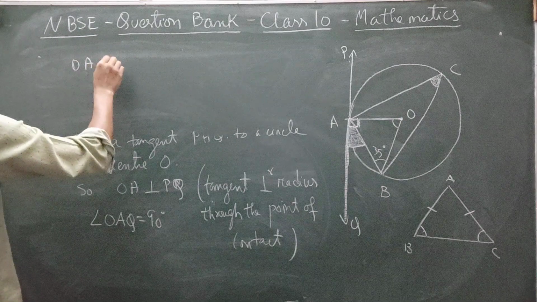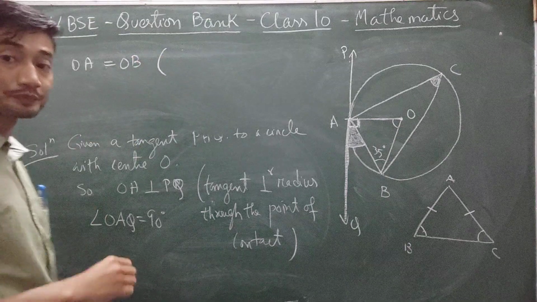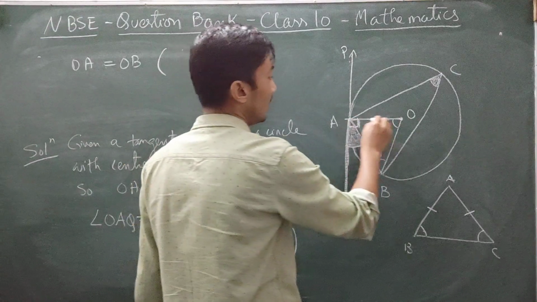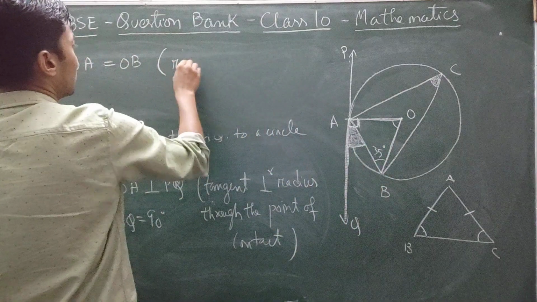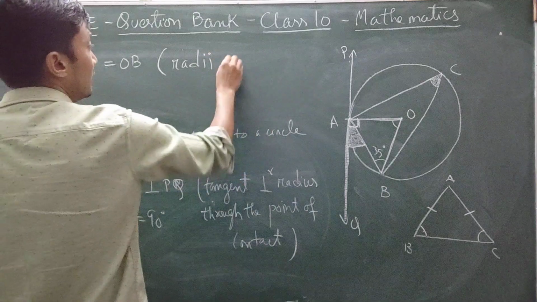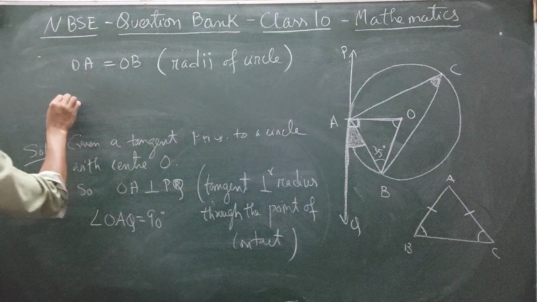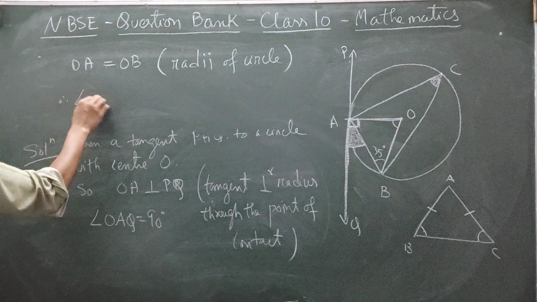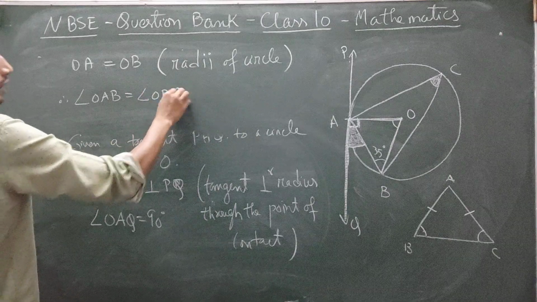OA is equal to OB. Why? Because both are radii of the circle. Therefore, as I mentioned, angle OAB will also be equal to angle OBA.